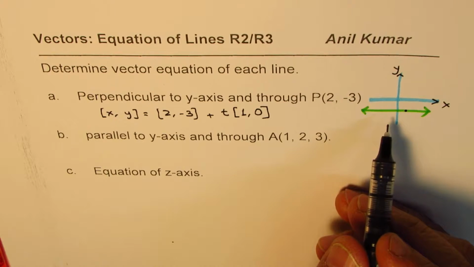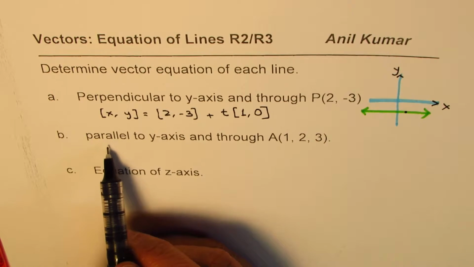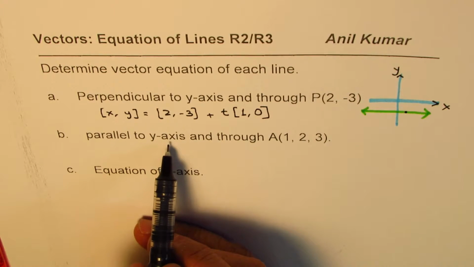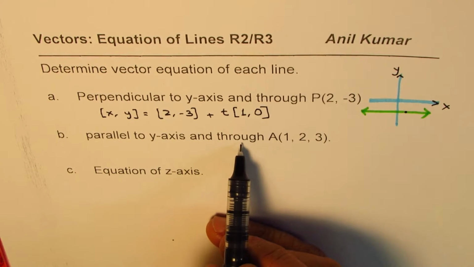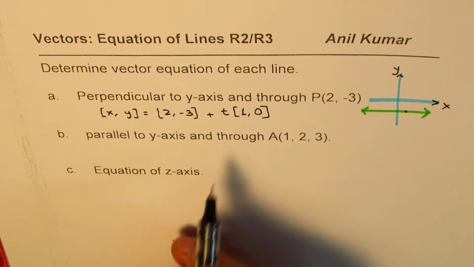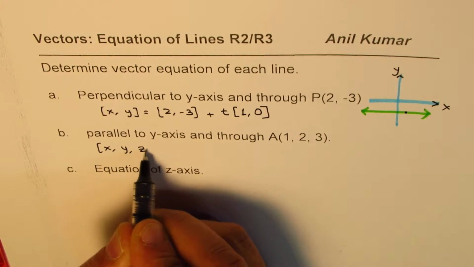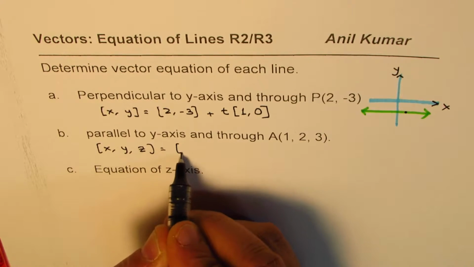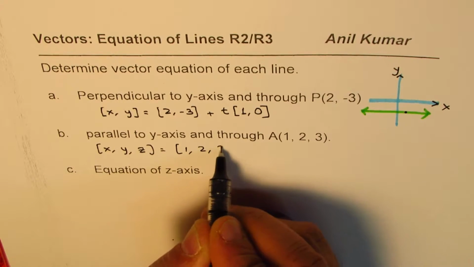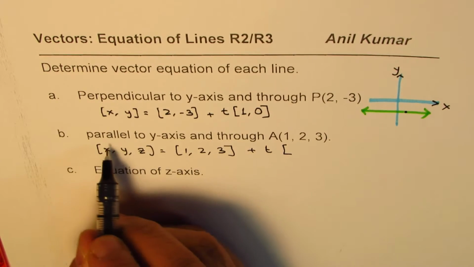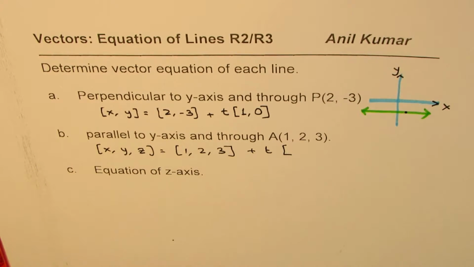Okay, next one. This is R3, parallel to the y-axis and through A. So we are given a point, so we can write (x, y, z) equals the point, which becomes a position vector, plus t times a direction. Now it is parallel to the y-axis.